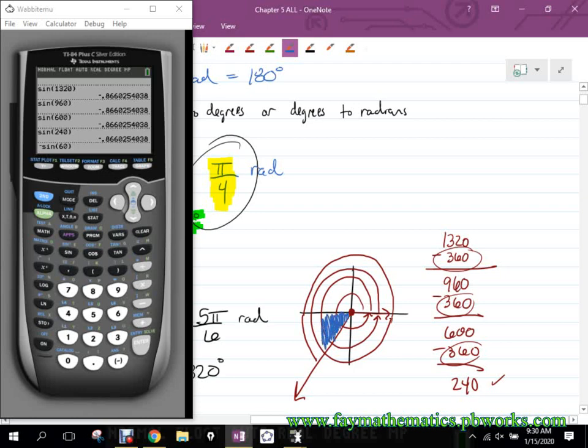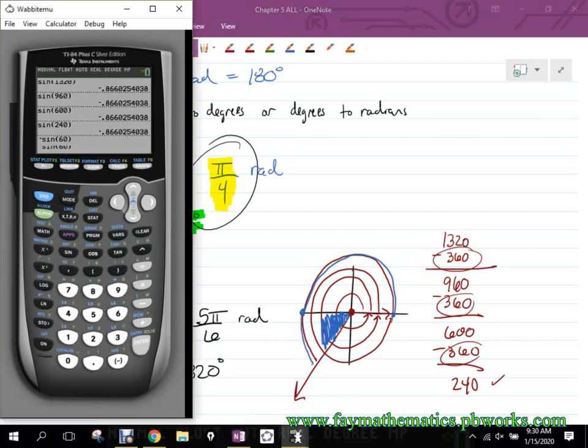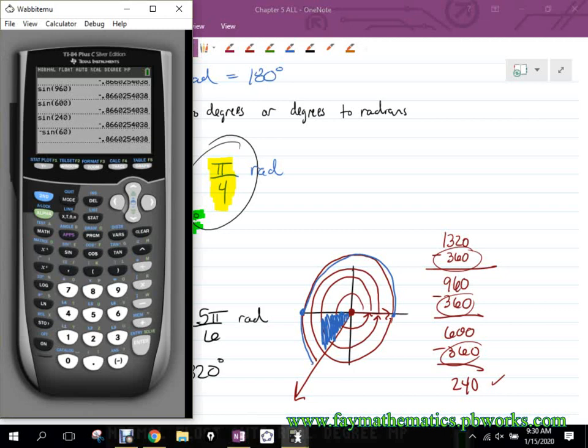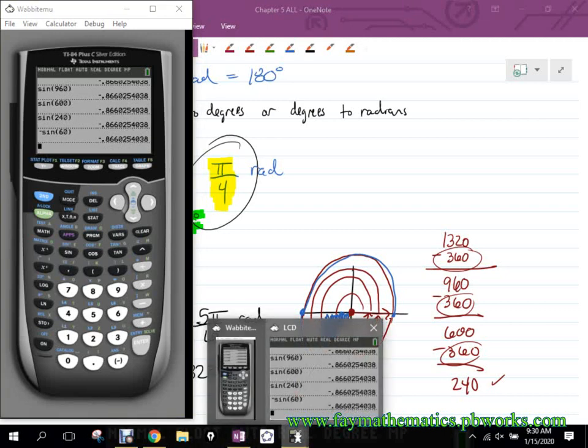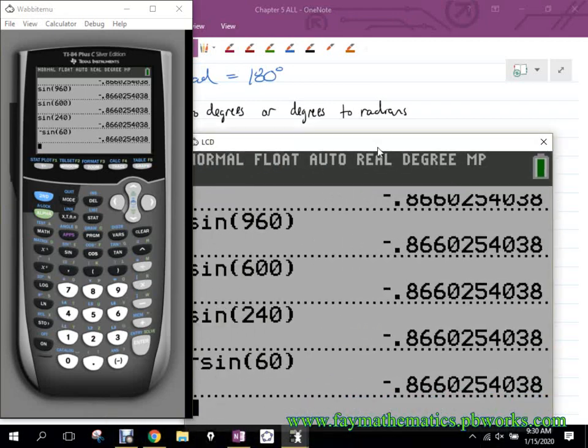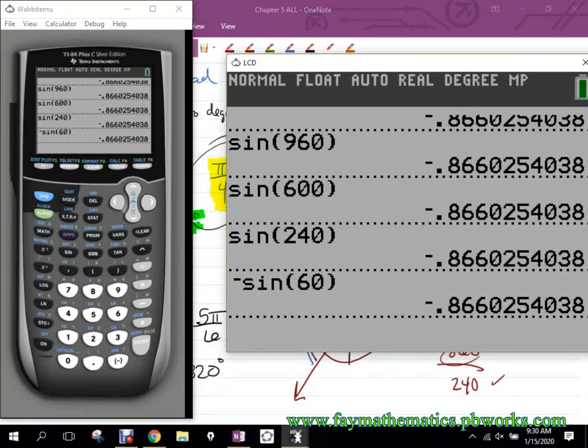Because we had to go back 240, right? So from here, this last one, this was 240. Well, that's 180 to there, and go 60 more. So if I go sine of 60 and hit enter, it gives me that same number. Those are foundational building blocks that we're going to go through in this course to make our arithmetic more efficient and easier.